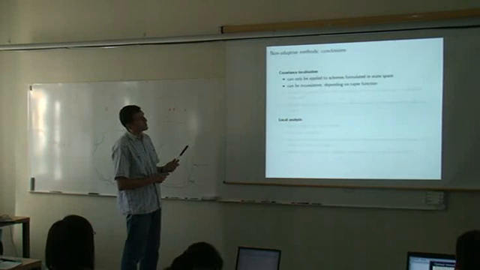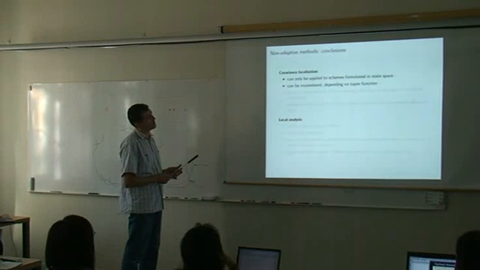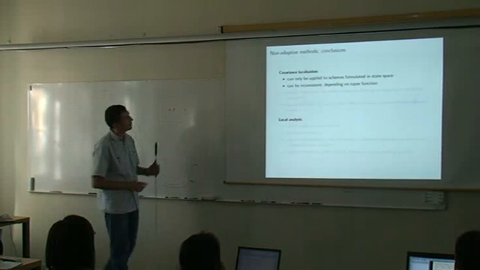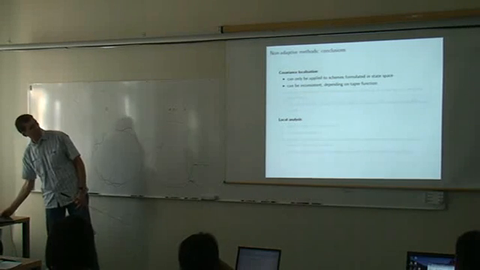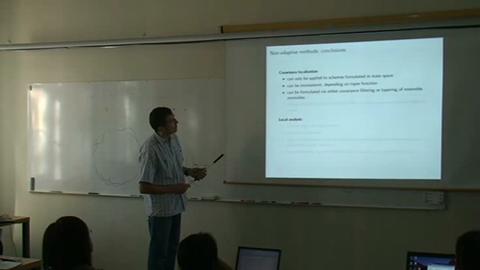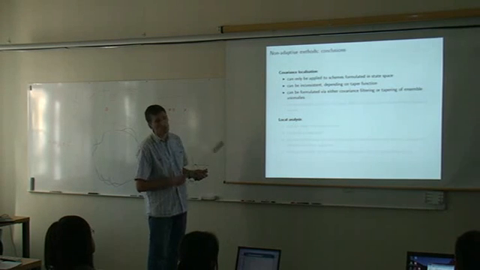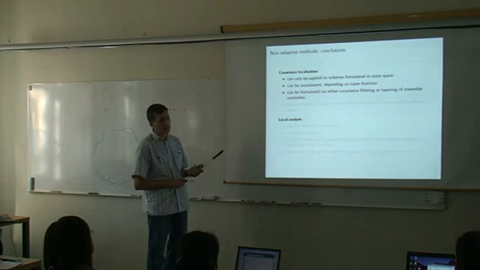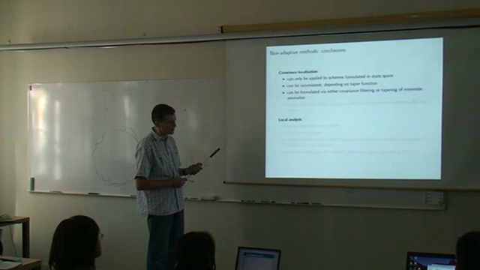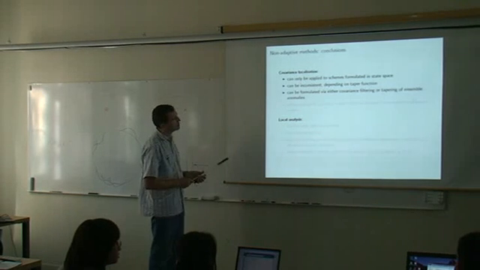It can be inconsistent depending on the taper function and also on the model geometry. It can be formulated via either covariance filtering or tapering of the ensemble anomalies. I didn't talk much about that, but if you want the details, they are in our paper on these two methods.